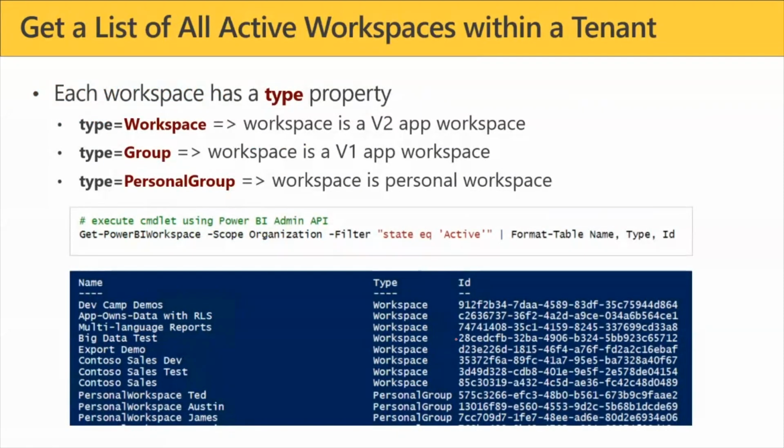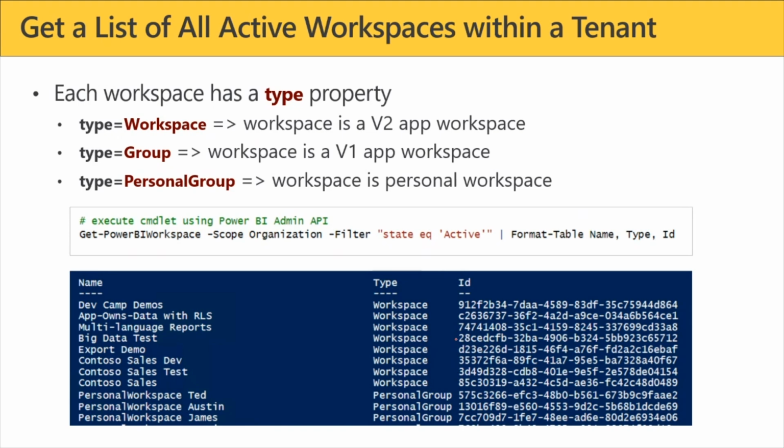Okay. Now, here's an example of running that PowerShell script. Get Power BI workspace scope organization. And once again, you can run this script as either a user with the right permissions, or a service principal that's been configured to execute the admin APIs.